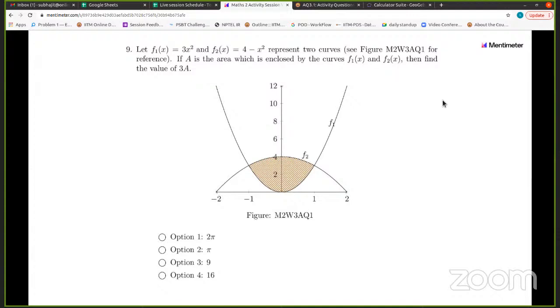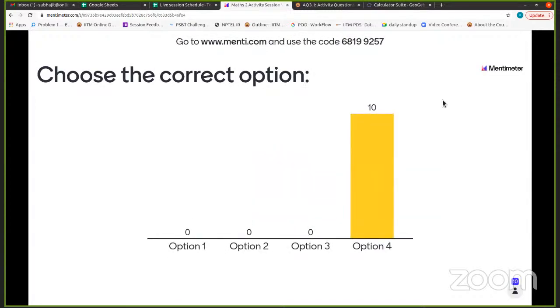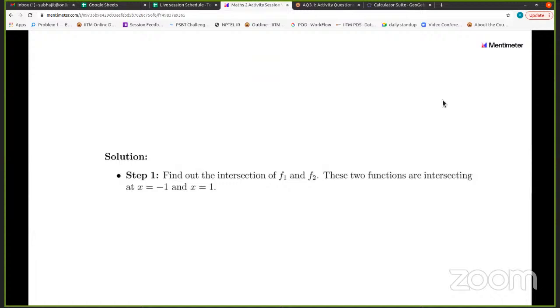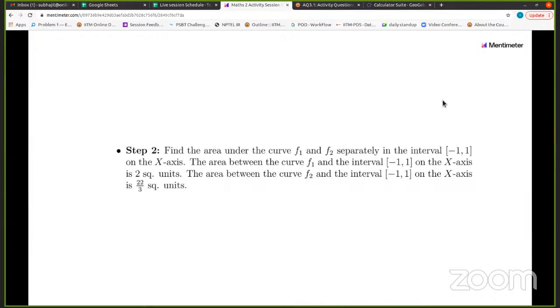Exactly. At first we have to calculate the intersection points. The roots are -1 and 1, and from there you calculate the area and subtract one from another. It will come out as 16 by 3, but you have to find 3A, so the 3 will cancel out. So first I get the points of intersection -1 and 1, and the second step is that this integration will give us the area under the curve.